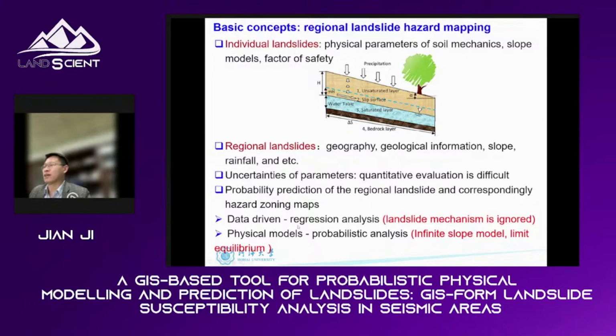For that work, in the literature, we have two types of methods. The first is data-driven: based on historical data, we can regress some formula to be used for regional landslide mapping.